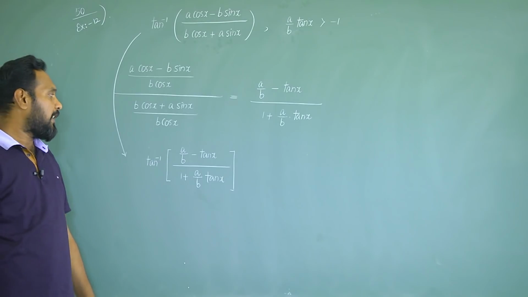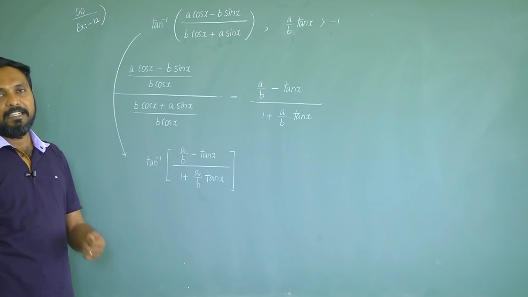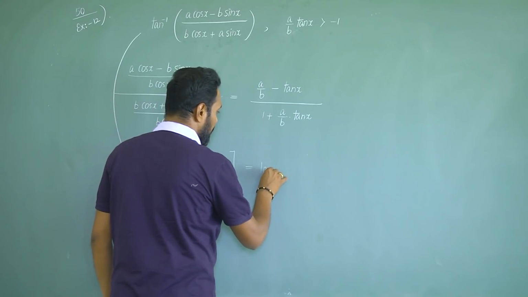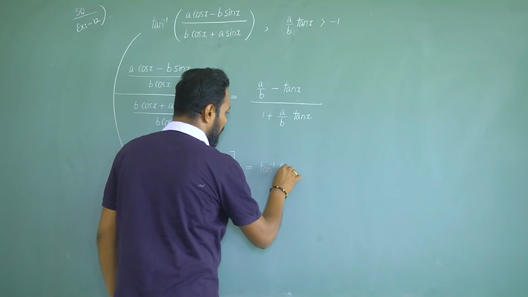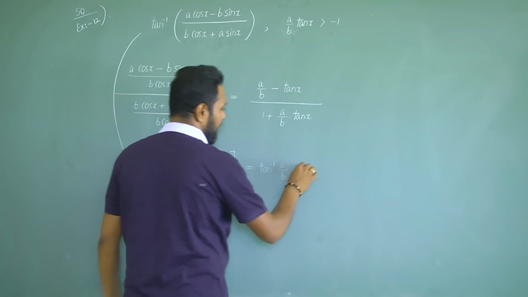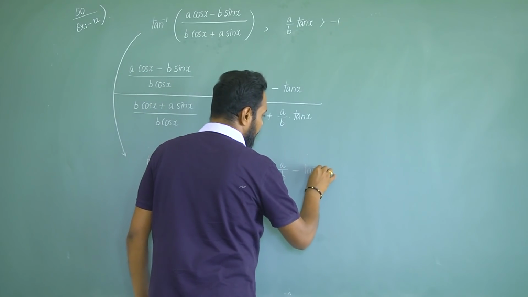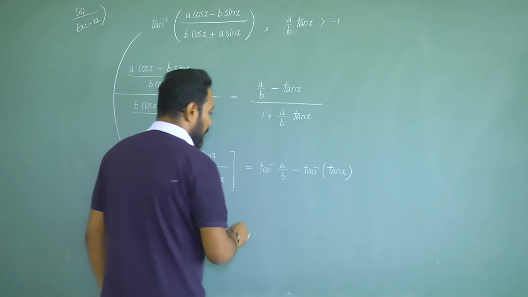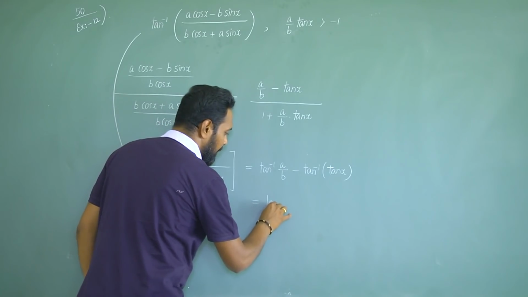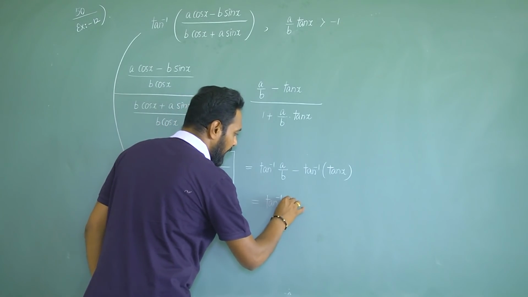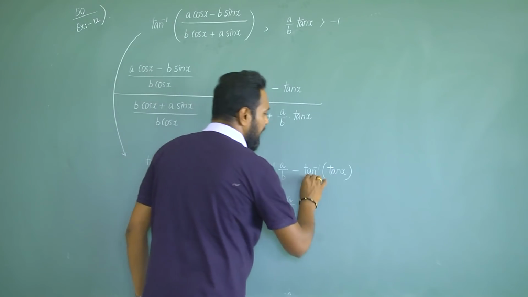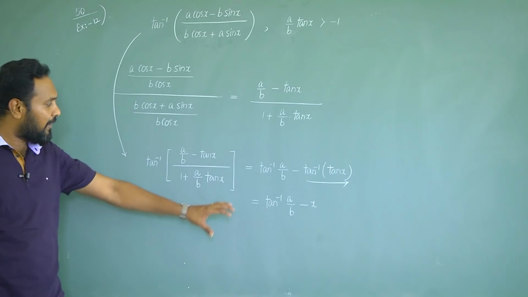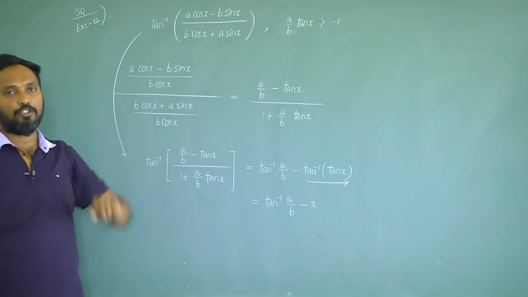The formula is tan inverse x minus tan inverse y, which equals tan inverse a/b minus tan inverse of tan x, and by the property it is x. So this is the simplest form of the given function.